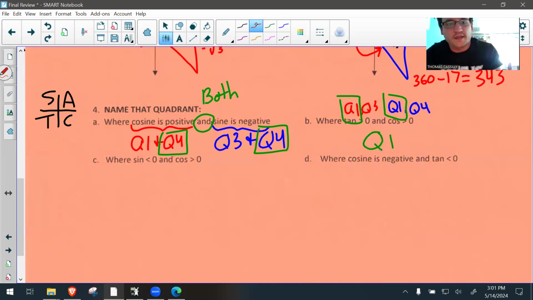Sine is negative in 3 and 4. And cosine is positive in 1 and 4. Right, so overlap, quadrant 4.